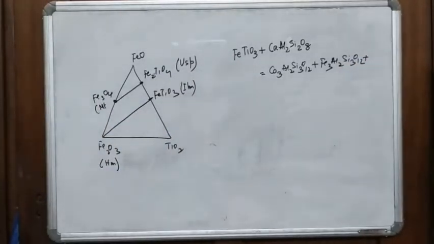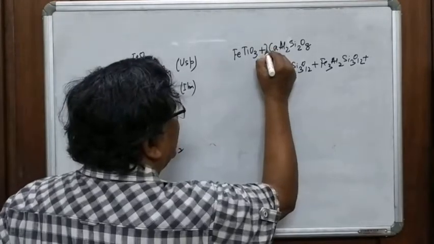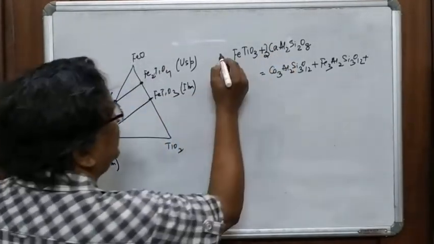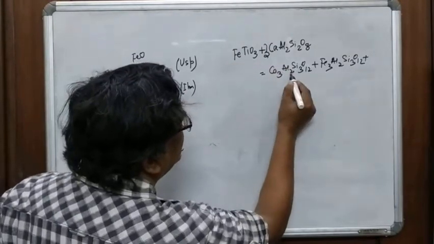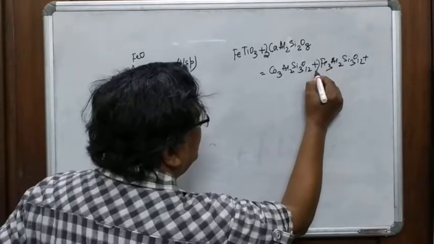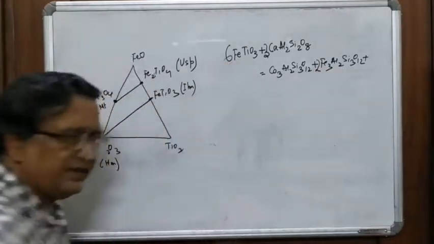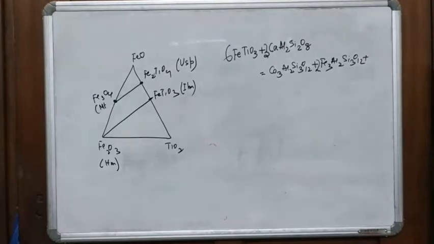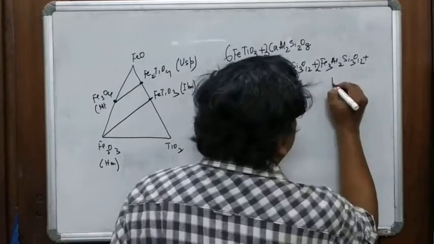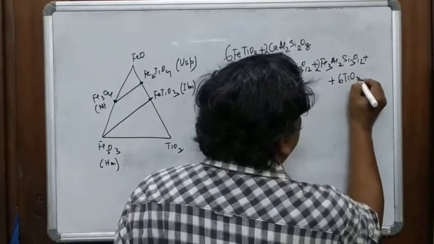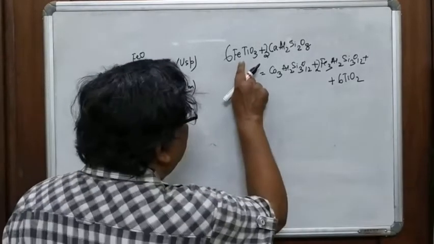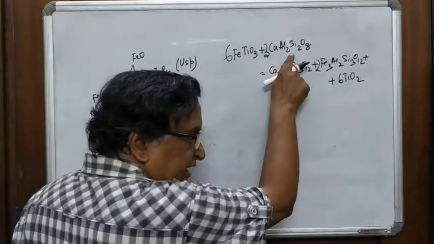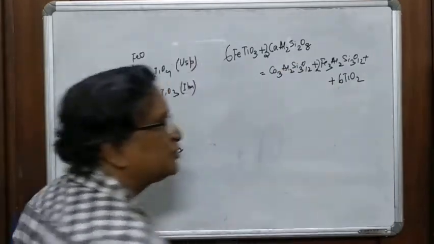What is the problem? Here, like before, you can write 3 calcium here, and 3 calcium, 3 into 6, and 2 here, and 6 FeTiO3. But the problem is, here you have titanium. So what happens? Here you get 6 TiO2, routinely. So what happens is ilmenite plus anorthite in the plagioclase gives you garnet plus rutile.